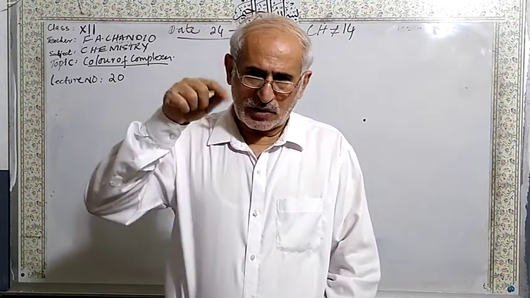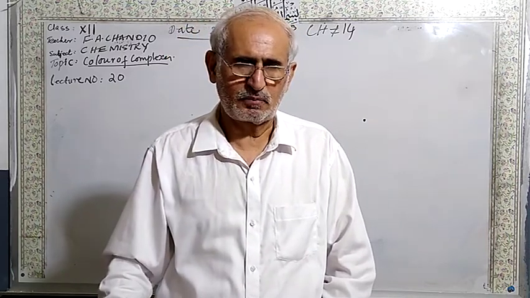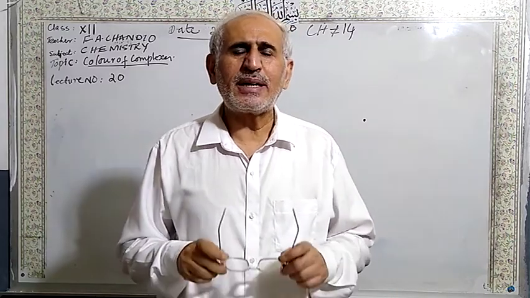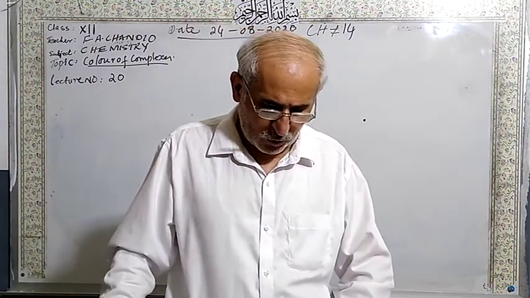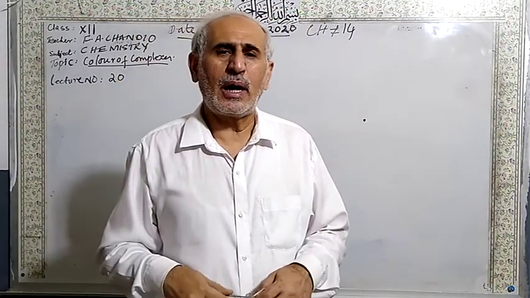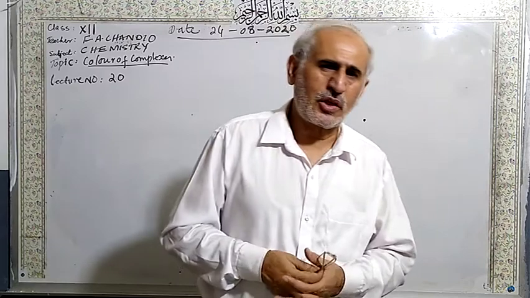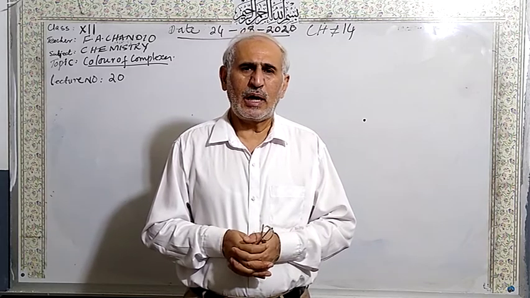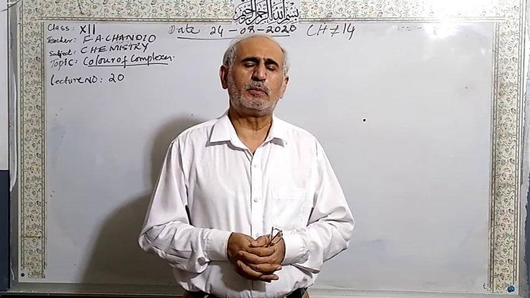Now the electrons which are present in the lower d orbitals absorb photons of energy and are promoted to higher energy levels. You did in previous classes that when electrons jump from the lower ground state to a higher excited state, energy is absorbed.